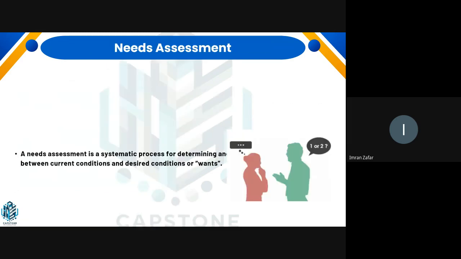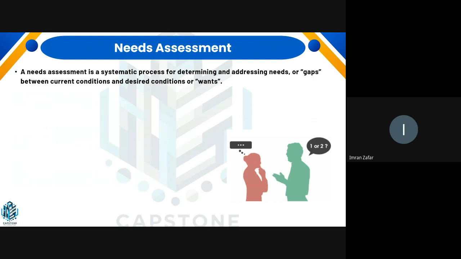So what is need assessment? Need assessment is a feasibility, which we talked about in the last session as well. You have a current state, and you have a desired state in mind or in plan. You see some gaps that you need to cover or fill to move to your desired state.